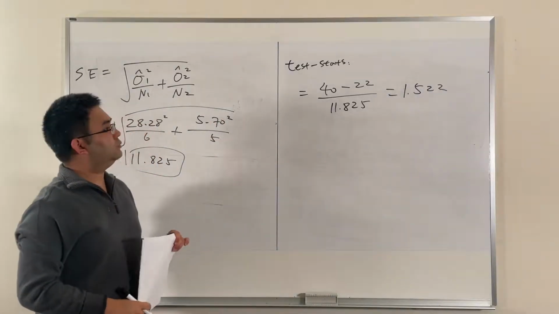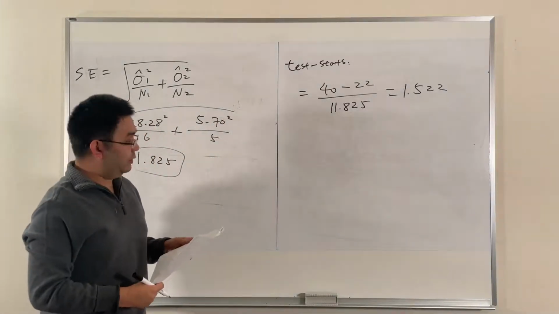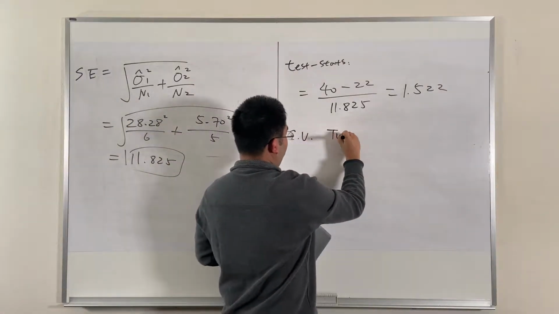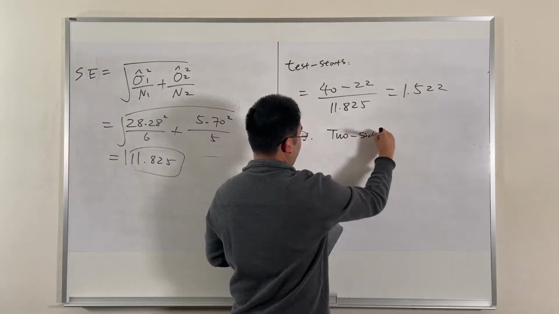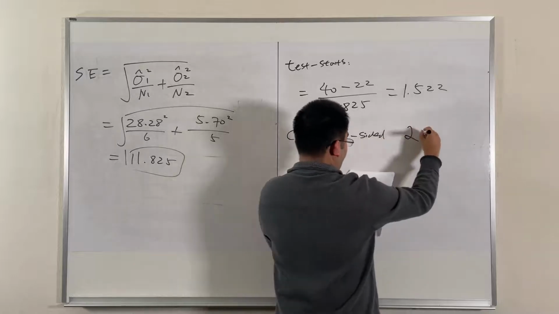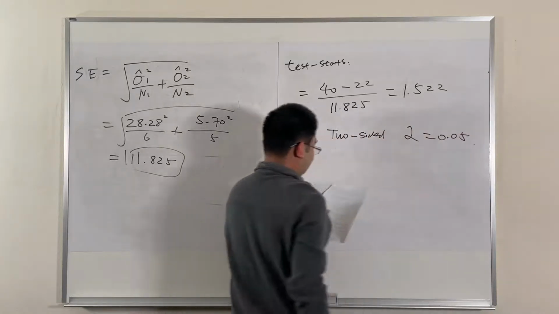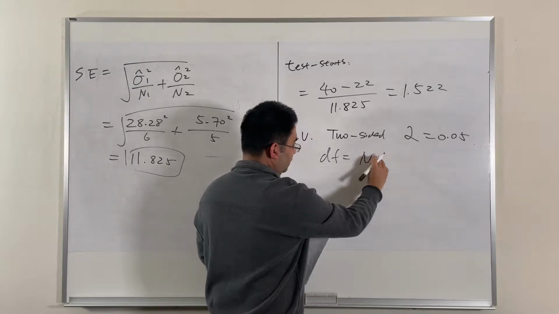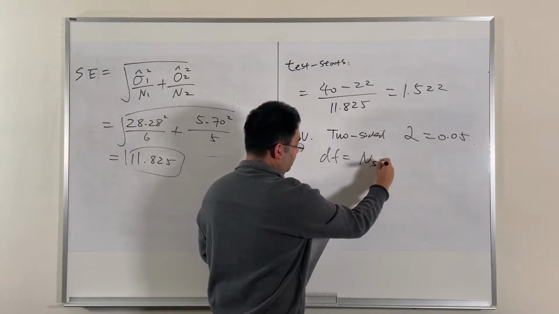Next, we want to find our critical value. We're doing the two-sided, two-tailed test, alpha equals 0.05, and the degree of freedom is the smallest n minus 1.